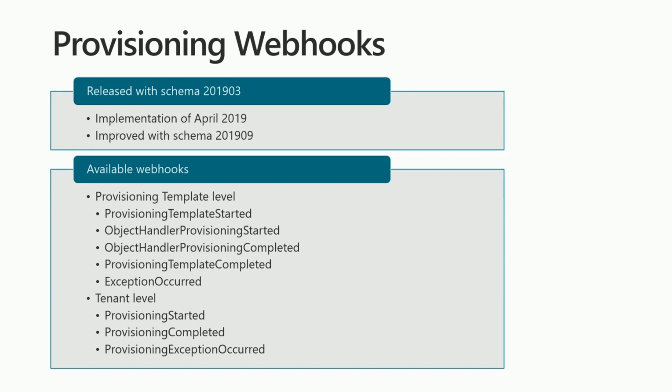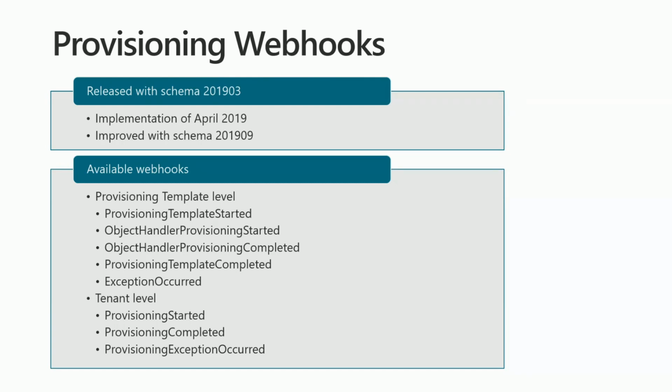You might have an external service or application that wants to monitor what happens under the cover during the provisioning of your template. And if there is any exception, you can have a webhook which will notify you that an exception occurred during the provisioning of a template. This set of webhooks was released in April this year.